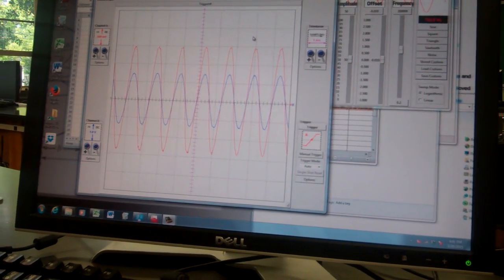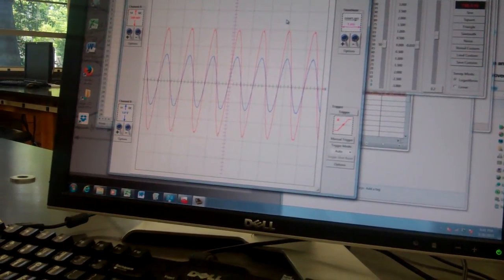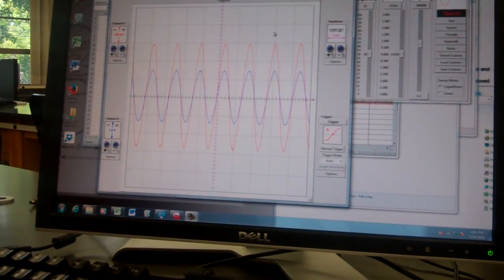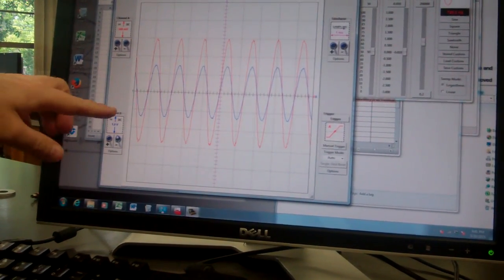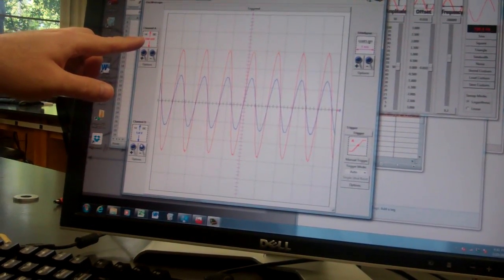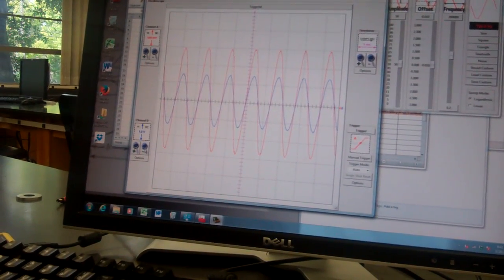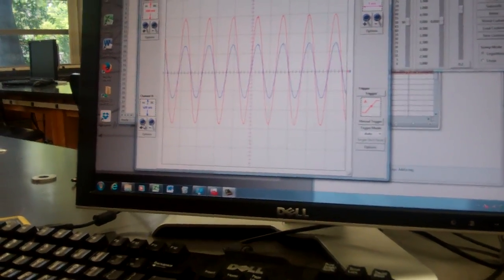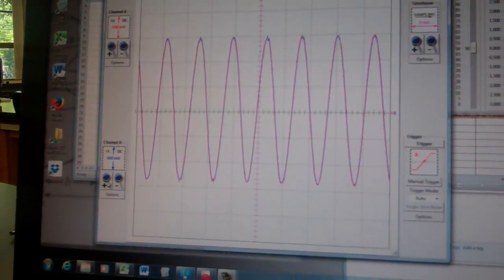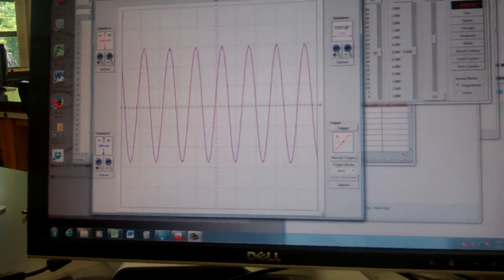But they shouldn't look different, because it's below the cutoff. Why do they look different? Well, they actually aren't different, because here the channel B is set to 1 volt per division and channel A is set to half a volt per division. If we put them on the same scale, they look identical.